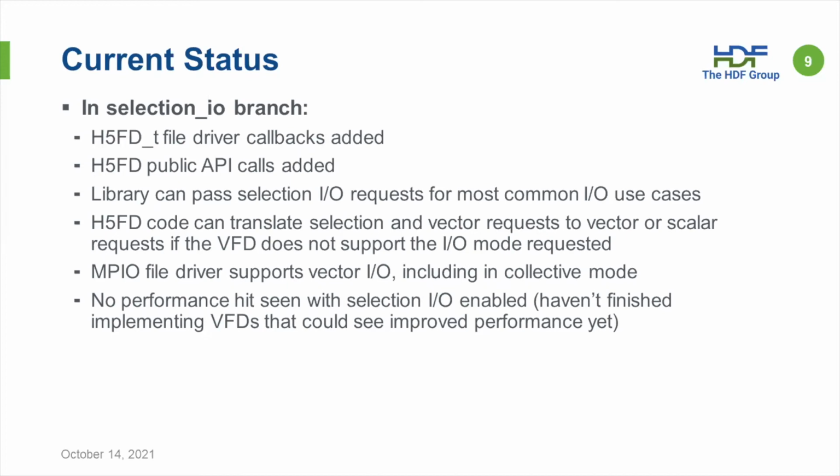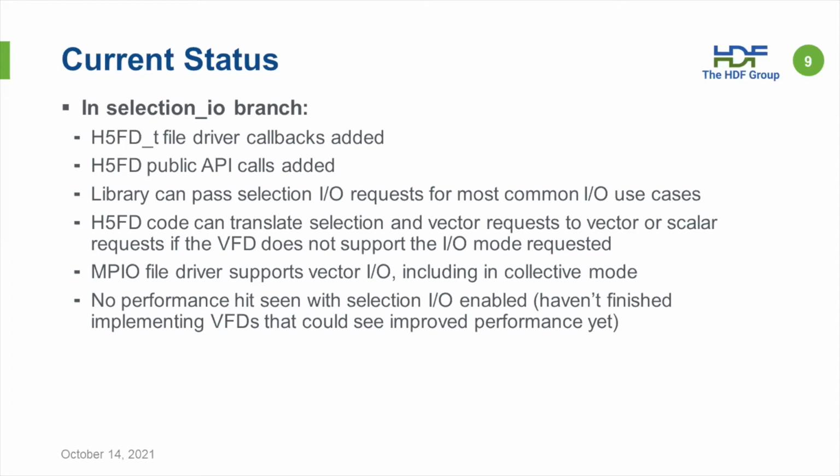Right now, you have to enable it in our branch, but we're planning to eventually have this be the default way that things work. And the file driver code will check and see if the file driver actually implements vector or scalar IO, and it'll translate the selection calls to either vector or scalar, depending on what's supported by the file driver, if it doesn't support selection IO.